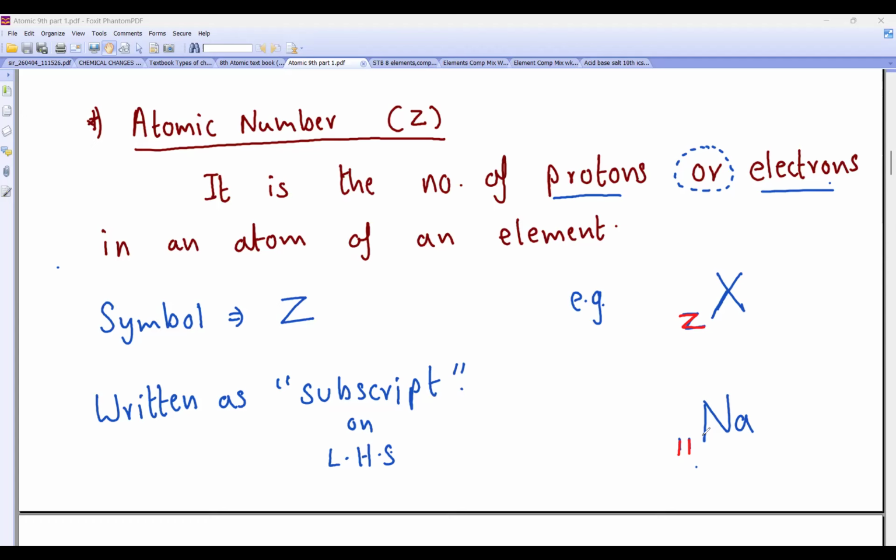It is the number of protons or electrons in an atom. I mentioned atom because in an atom, the number of protons and electrons are always the same, but in an ion it changes.